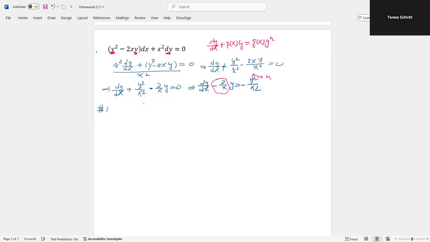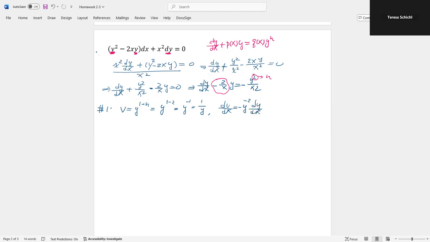So step number 1, we define the function v is equal to y to the 1 minus n. So that is 1 minus 2, y to the negative 1, which is 1 over y. Now we take the derivative of both sides. So dv/dx is equal to negative y to the negative 2 dy/dx.